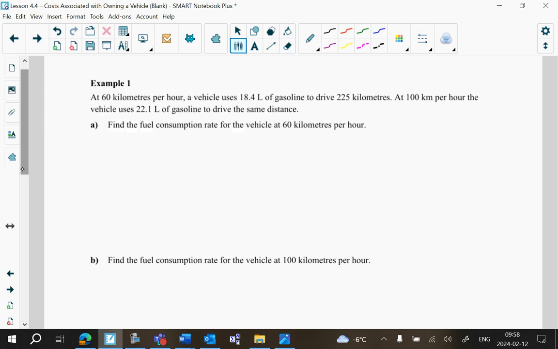Obviously, the fuel consumption rate, just by looking at the question, is going to be better for the lower speed because you use fewer liters. Okay? A lot of times we can just call it FCR. That's for fuel consumption rate.